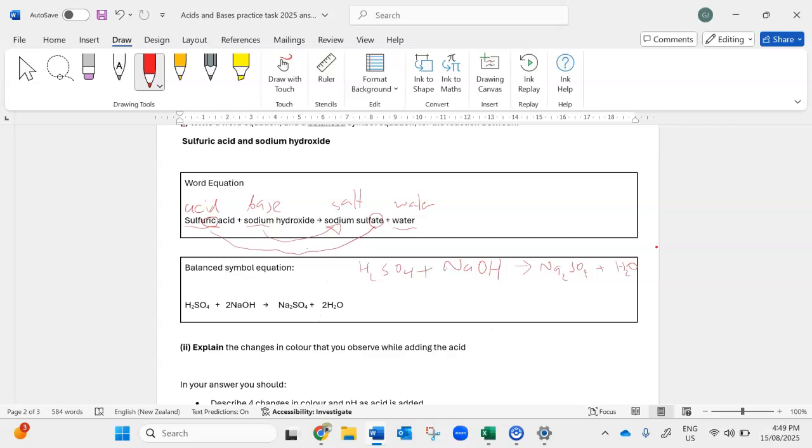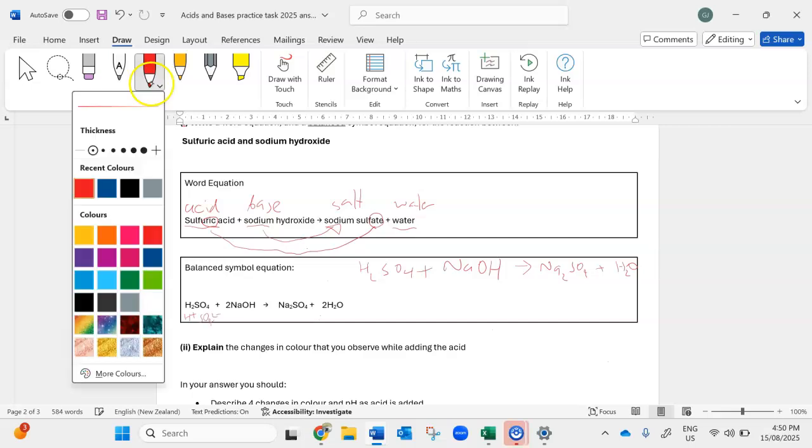Either we know that sulfuric acid is H2SO4, or we go, oh, acids all contain hydrogen. So hydrogen is H+, sulfate is 2-.